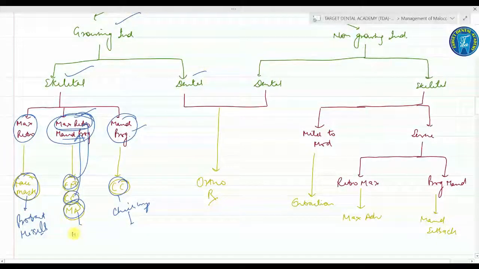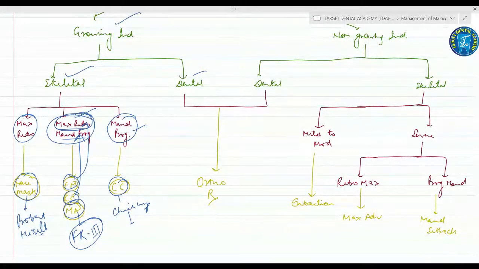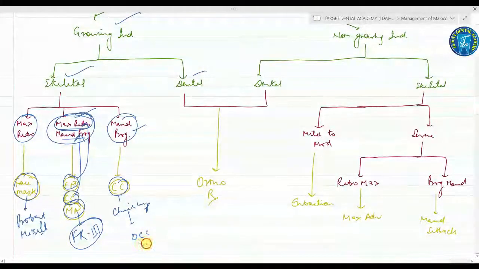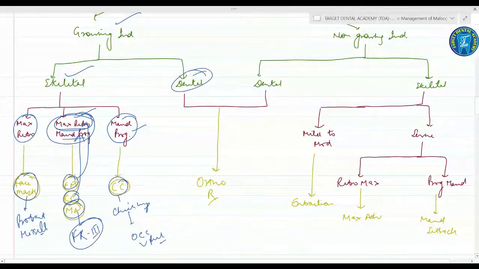Like in this case, you go for FR3, your function regulator 3 appliance. Fine. So this is in the skeletal individual. And in your chin cup, you will go for the occipital pull chin cup or the vertical pull chin cup. Fine. And if the cause is dental, you will go for the orthodontic treatment. This is all about in a growing individual.